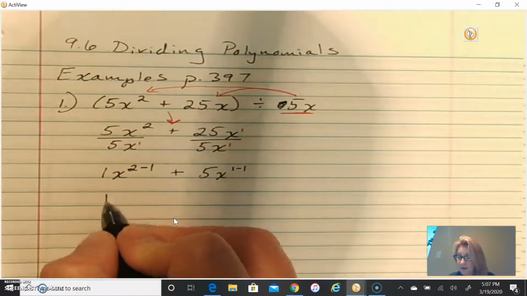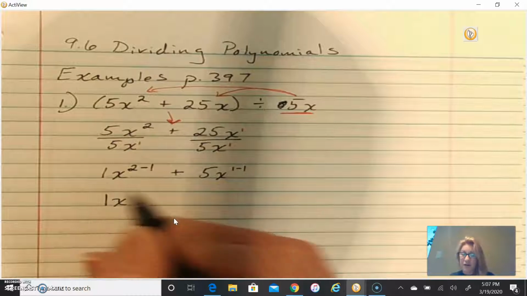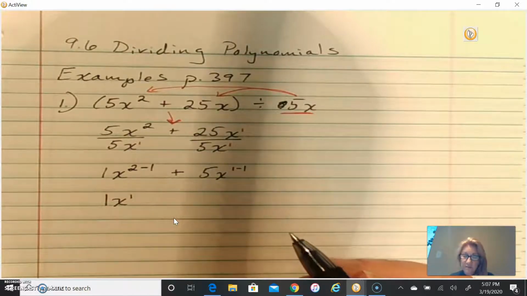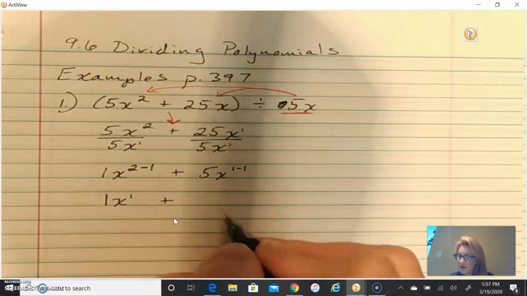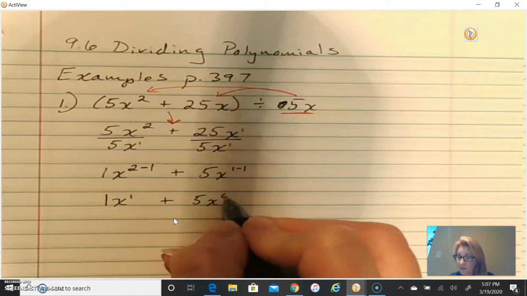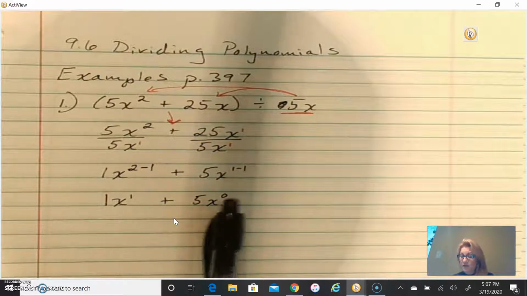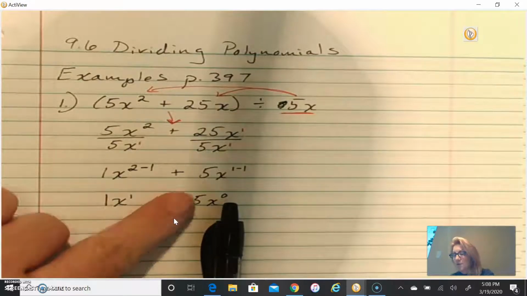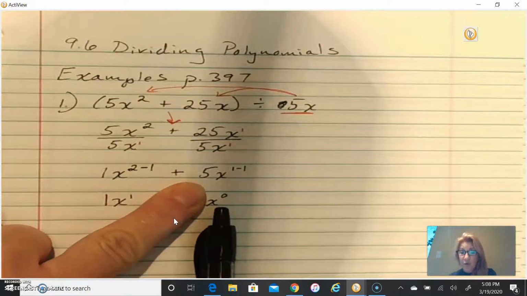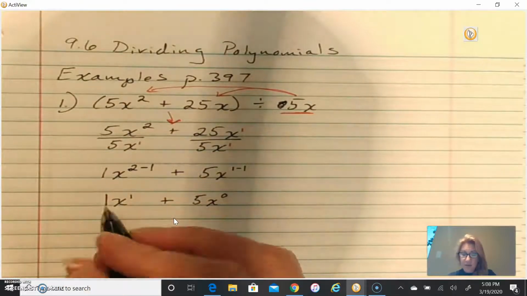We can go ahead and continue with the 1x, but you know you can also just get rid of it. All right, 2 minus 1 is 1, plus, what is 1 minus 1? That's 0. Who remembers what happens if you have a 0 as an exponent? I'm waiting for an answer. Hopefully you remember that this whole thing's going to turn into 1. Just the number 1. So now I'm going to rewrite it.